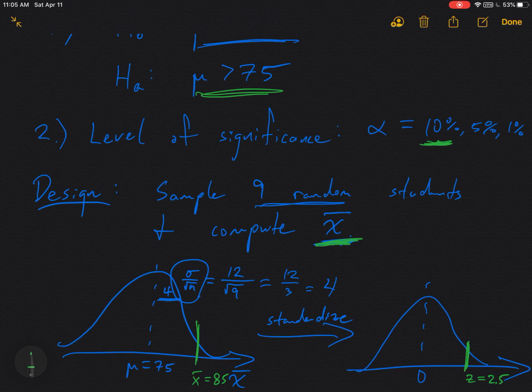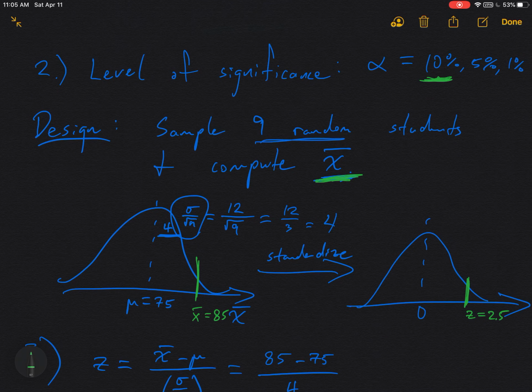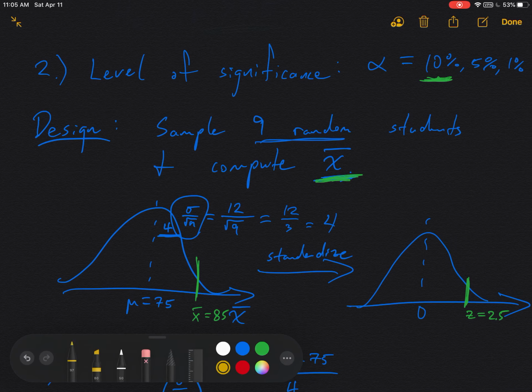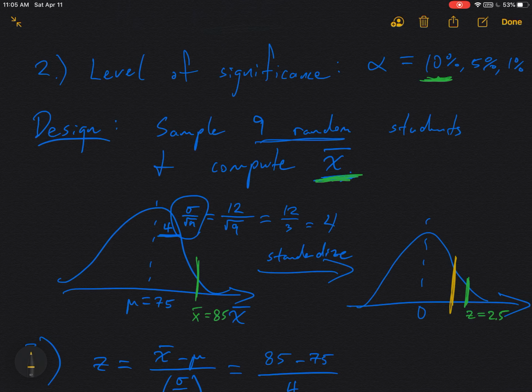And if that's the case, then we can be pretty comfortable in rejecting the teacher's hypothesis. So what that means in terms of the picture is this. What you would do is find an area over here corresponding to 10% of the area. So that would be an alpha of 0.1.